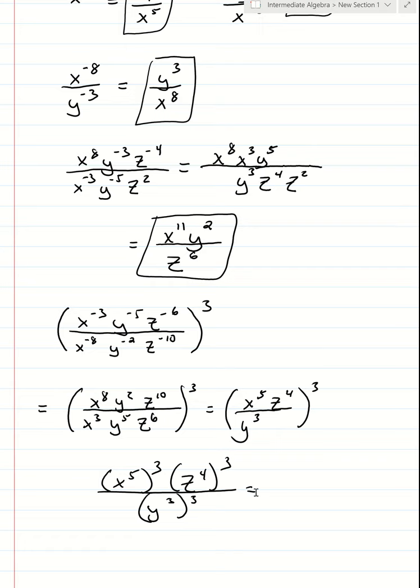And so now the last step that we would have to do is actually the second law, because we have a power to a power, and when we have a power to a power, we want to multiply those powers. So I would get x to the 15th, z to the 12th, divided by y to the 9th. And that would be your simplified expression.